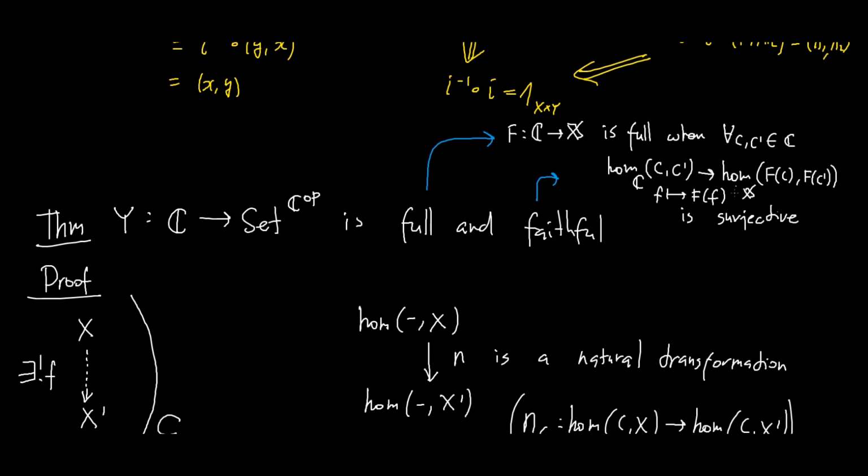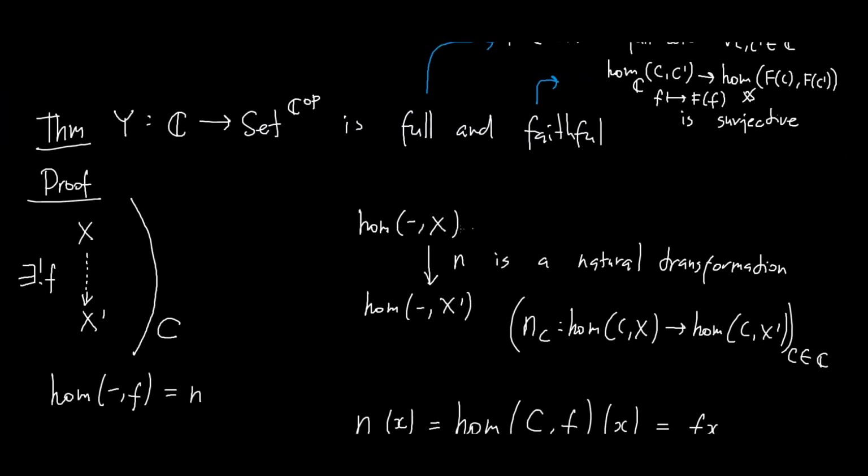So fullness means that if I start with two objects in the domain of my category, and I consider an arbitrary morphism between the values of the functor at those two objects, then there must be a morphism on the left side that maps to that one. It's exactly what we did here when we considered an arbitrary morphism between the values of the two functors, right?